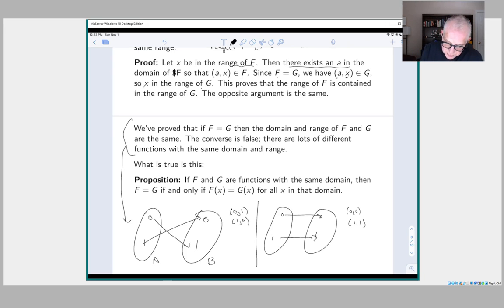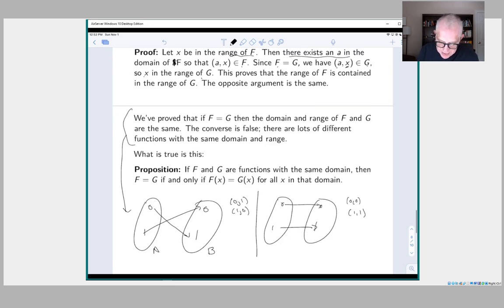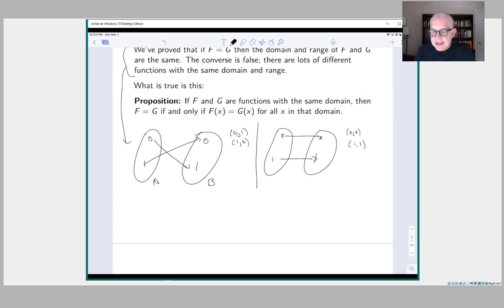So what is true is that if you have two functions which have the same domain, then they are equal if and only if they agree for all x in that domain. So for this proposition, f and g are two functions.